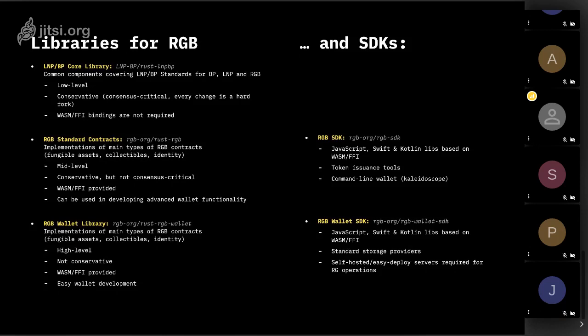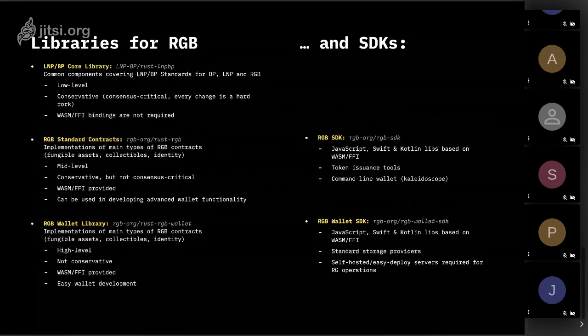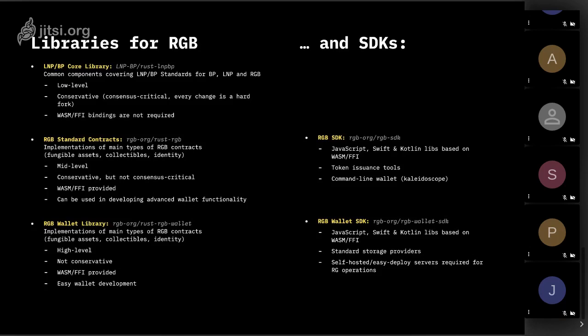Okay, I will continue. On top of this LNPBP core library, we are already building RGB standard contracts. It is a library implementing the particular schemas for fungible assets and for collectibles, and we will start with the fungible assets. It's a mid-level where you can directly move assets and construct arbitrarily complex asset transfers as a wallet developer.